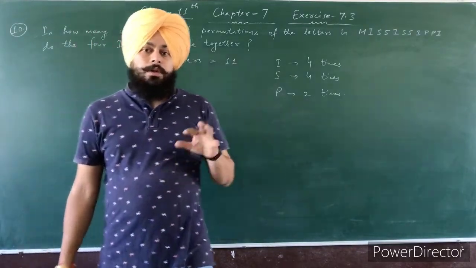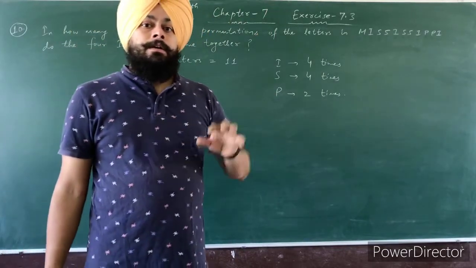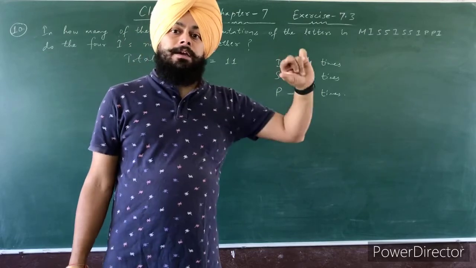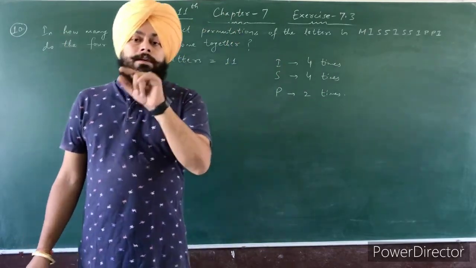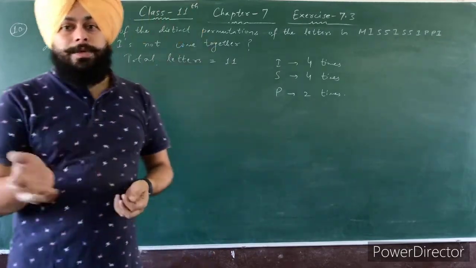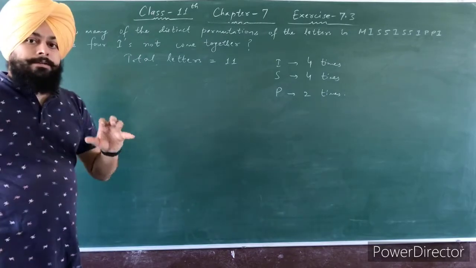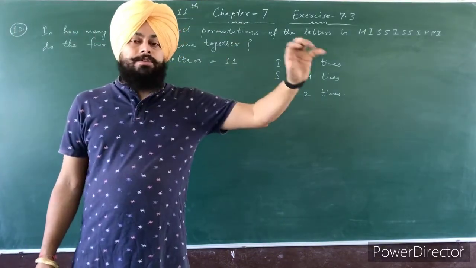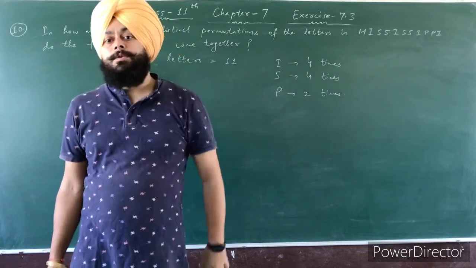Then you will find the number of arrangements in which I comes together. After that you subtract: total arrangements minus those in which I comes together.